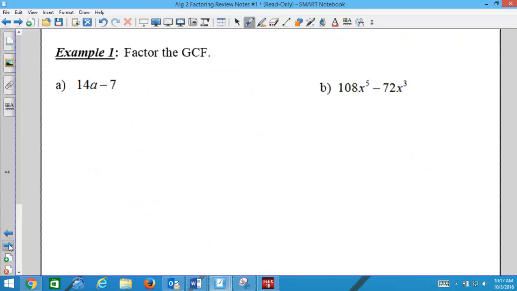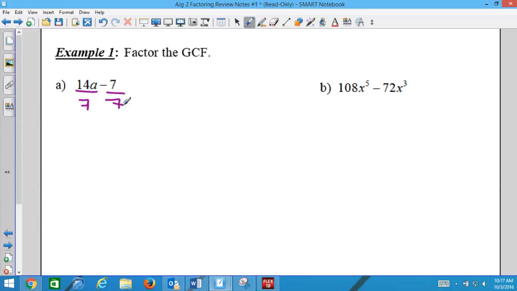So you're going to look at number 1, or A. 14A minus 7. And you're going to look at the separate terms. You're going to look at 14A, and you're going to look at the minus 7. What is the biggest thing that divides evenly out of 14A and minus 7? 7. So what you do is we undistribute it. We unrainbow it.